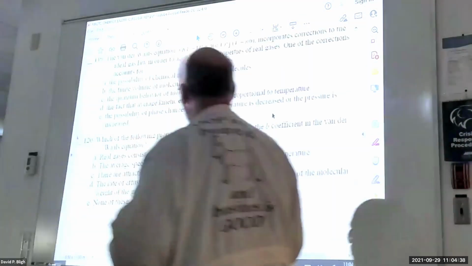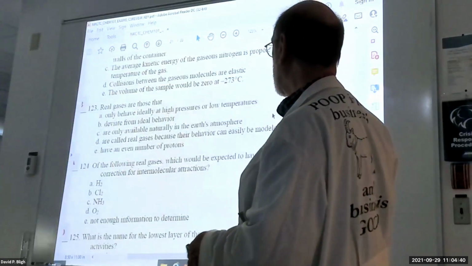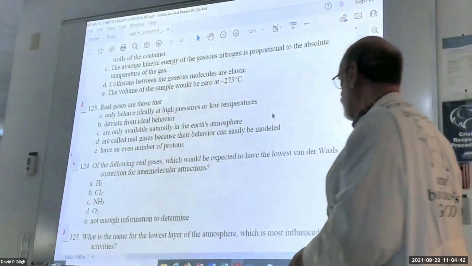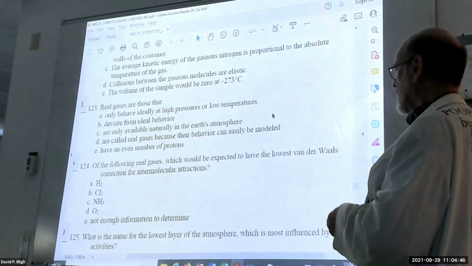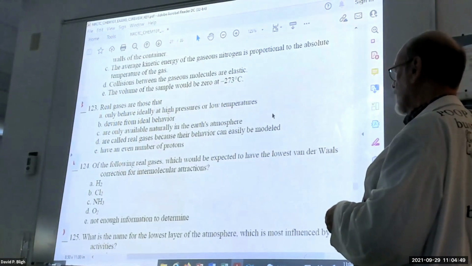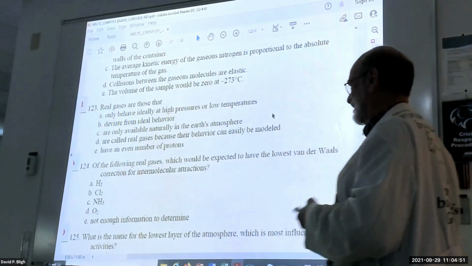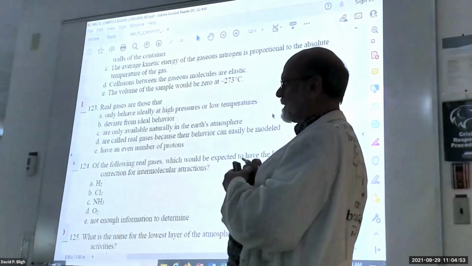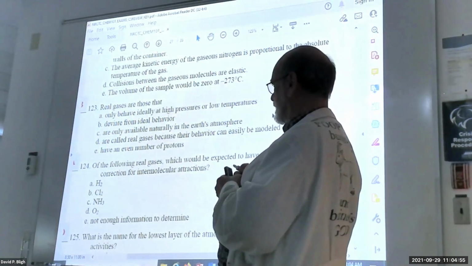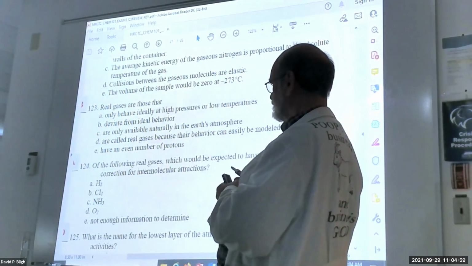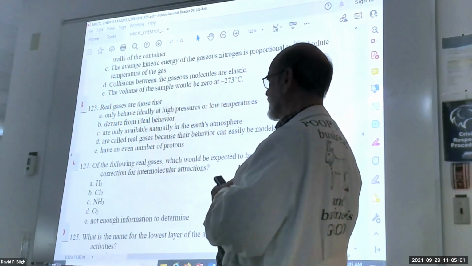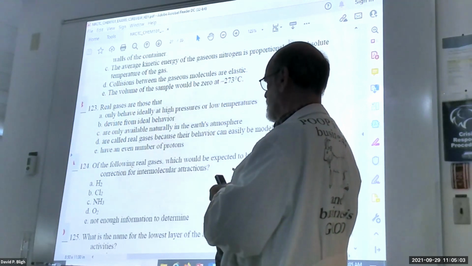124. Of the following real gases, which would be expected to have the lowest van der Waals correction for intermolecular attractions? I don't know if we've discussed this one very much.